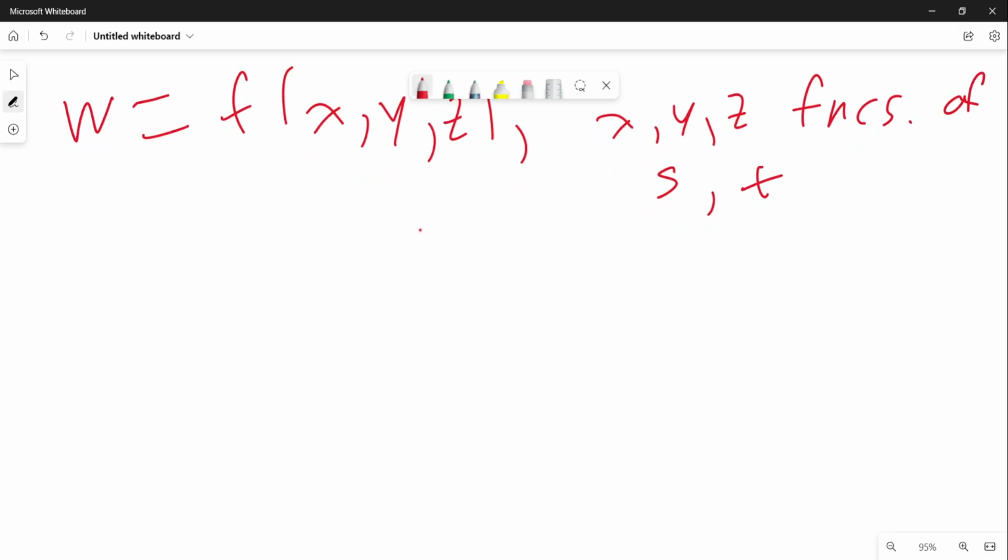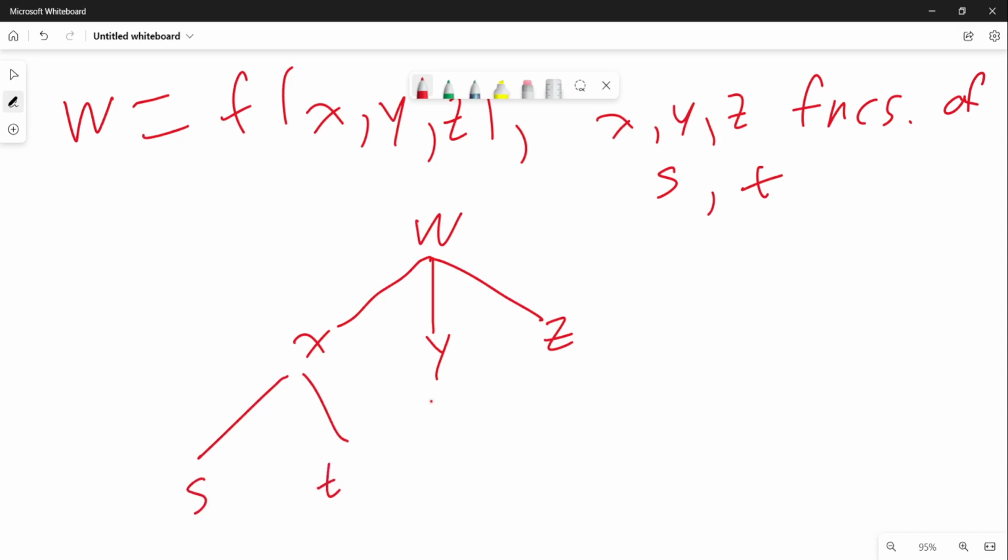What this is, we've got a w here at the top, which goes down to an x, a y, and a z, which goes down to s, t, s, t, s, t. I'm splitting them up. They're just copies here. It's not like it's a different s and t each time. It's just 3 different copies of it.